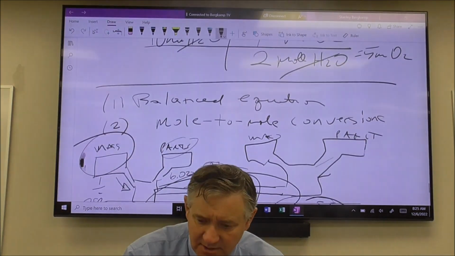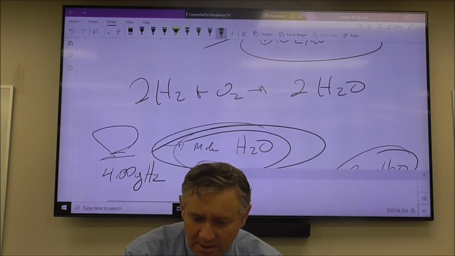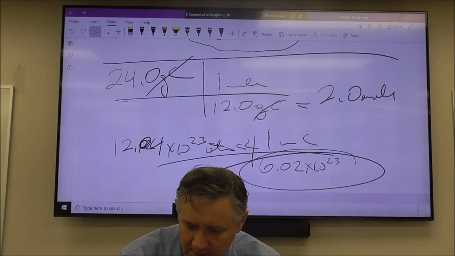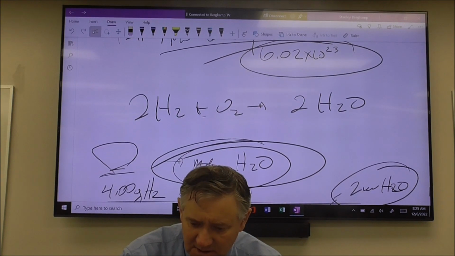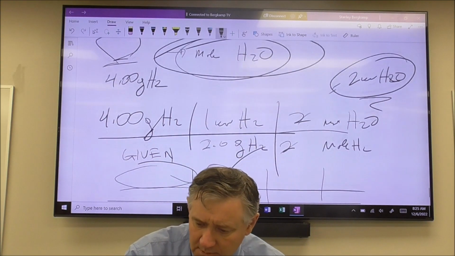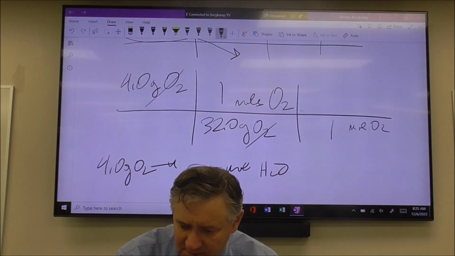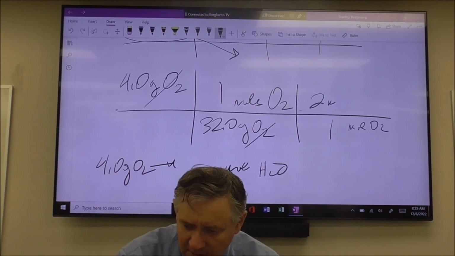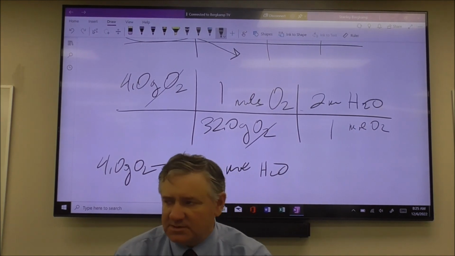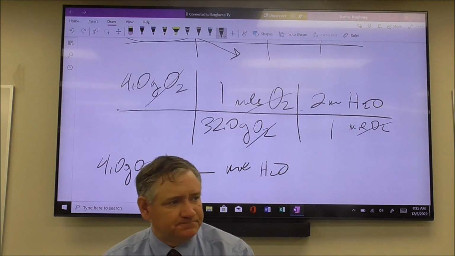My ratio here, when I look at my balanced equation for water, is between oxygen and water, there's a 1-to-2 ratio. Oh, okay. So I'm going to come down here, and in front of the oxygen, there's a 1. In front of the water, there's a 2. Boom. That cancels that out.